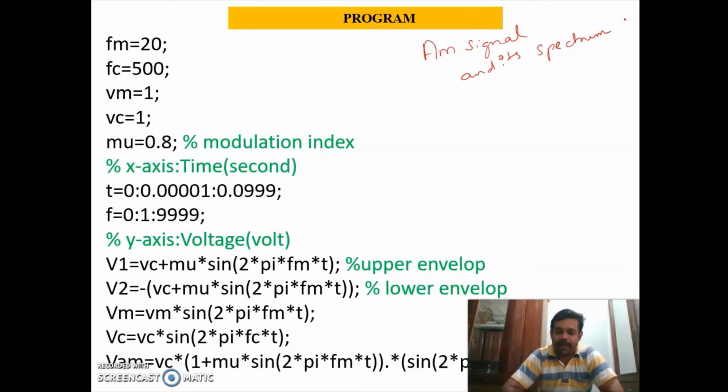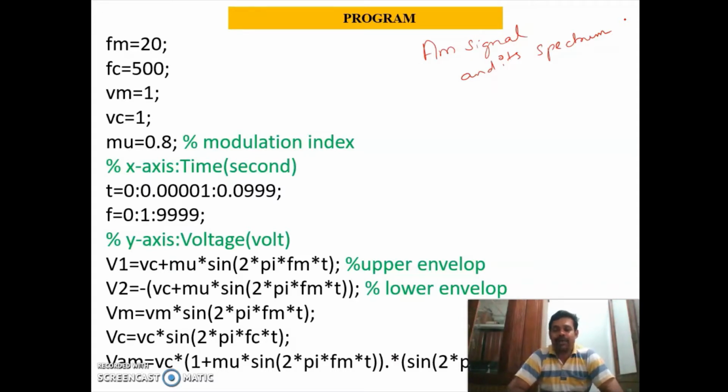What is amplitude modulation? Varying the amplitude of the carrier signal in accordance with the message signal or modulating signal is called amplitude modulation.